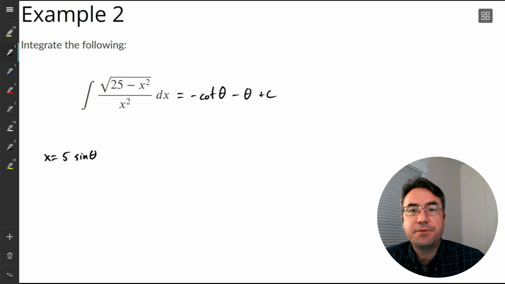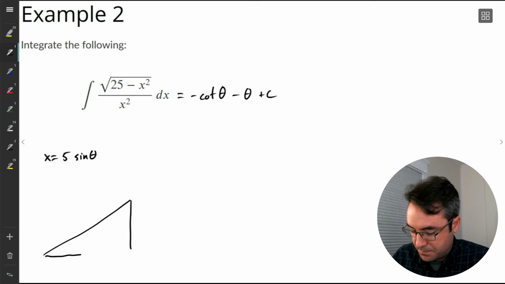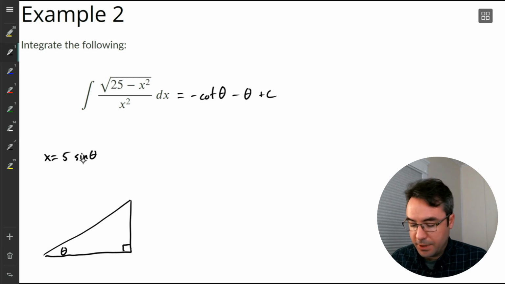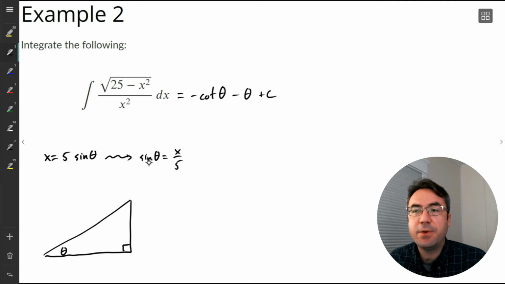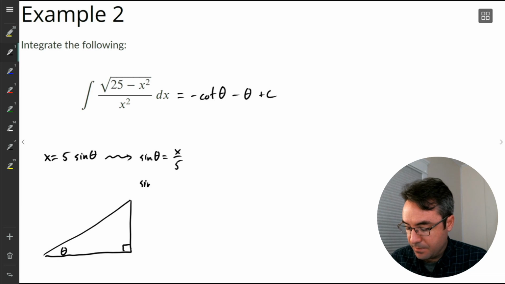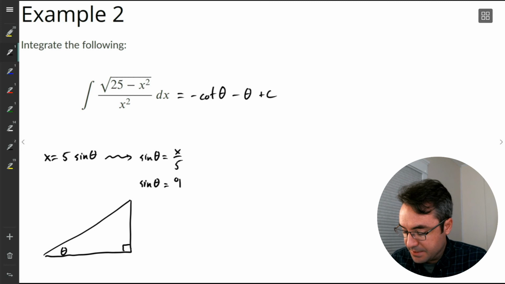And so to figure out the sides of our right triangle, let's draw that in. There's theta. We're going to start with our trig substitution, and we're just going to solve this for sine. So sine of theta is x divided by 5. And we also know what sine is in terms of the different sides of our triangle. So sine is opposite over hypotenuse.